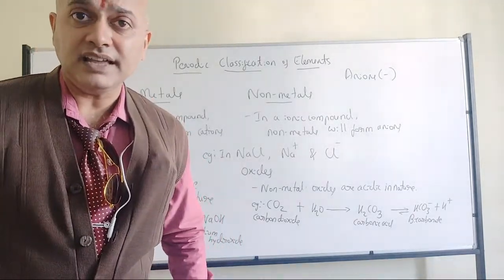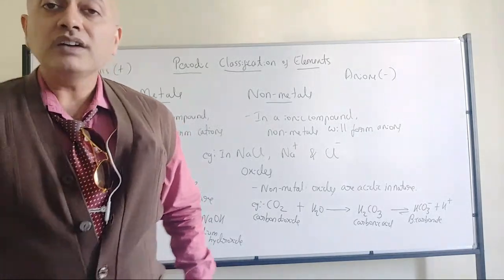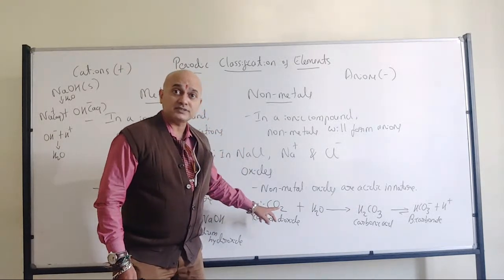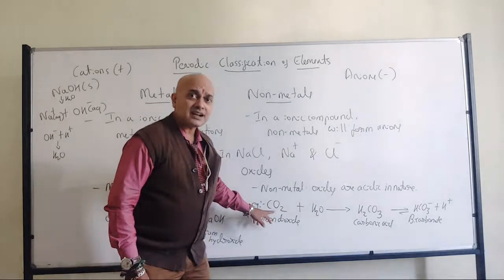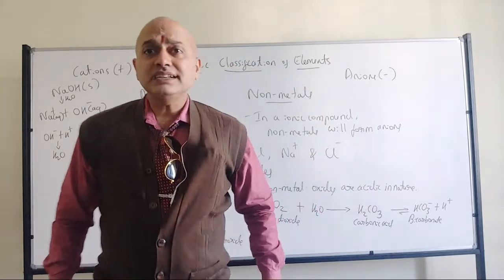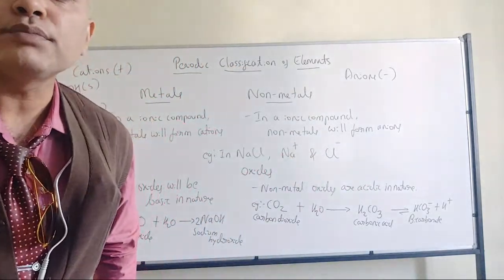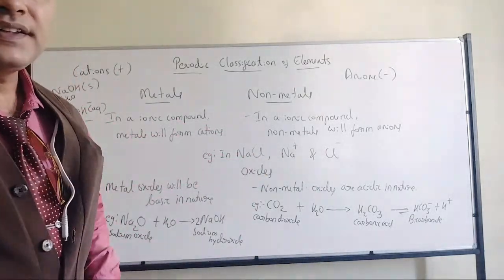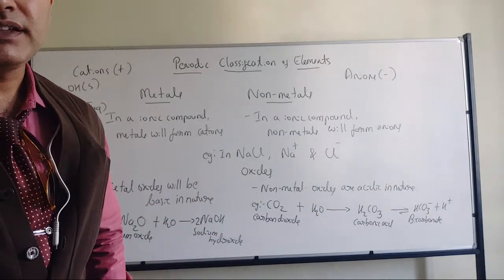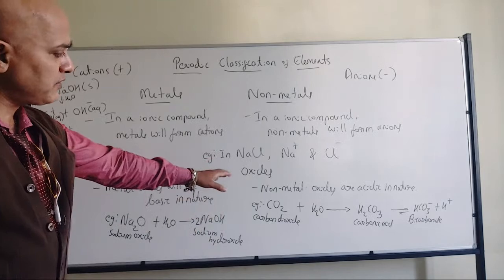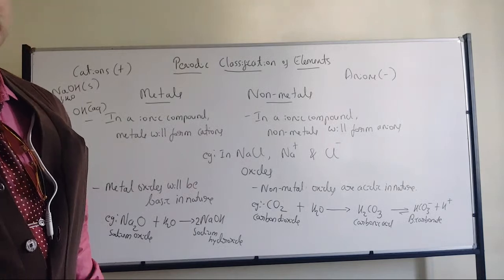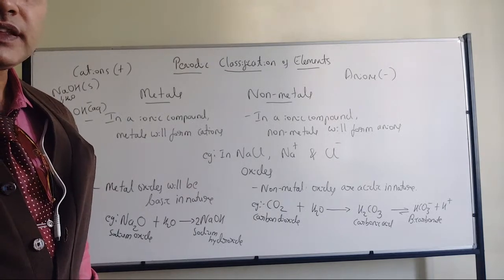But that does not happen, because although our tissues liberate carbon dioxide, it is immediately converted into carbonic acid, which gets dissociated as bicarbonate. For this reaction, in our body we have an enzyme called carbonic anhydrase. Otherwise, carbon dioxide with water will form carbonic acid. All of you have understood?